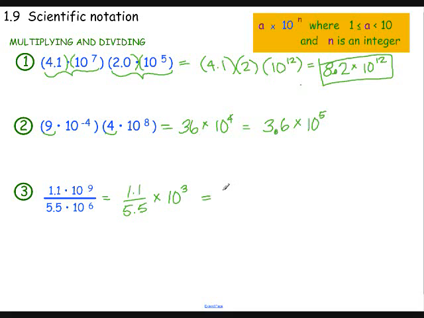This is the same as 1/5 times 10 to the 3rd. Now, scientific notation never has fractions here, so let's convert it to decimal.